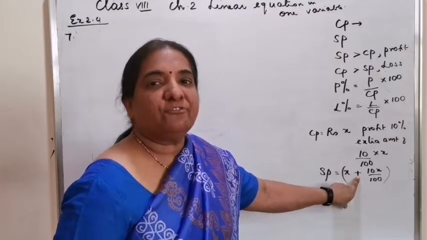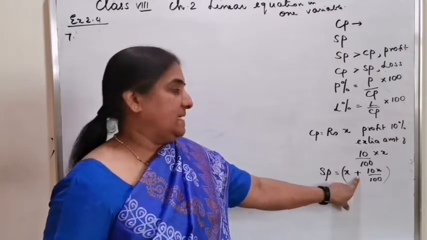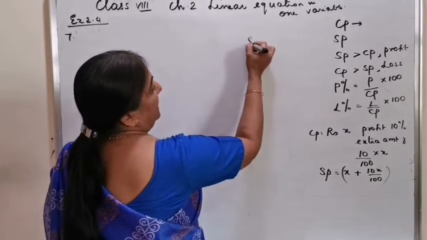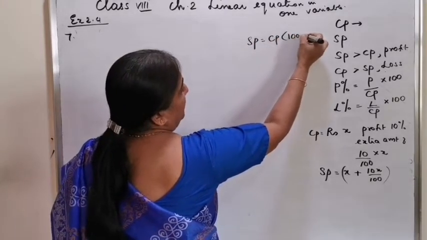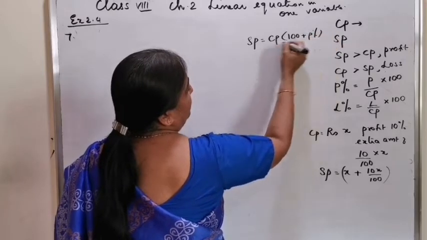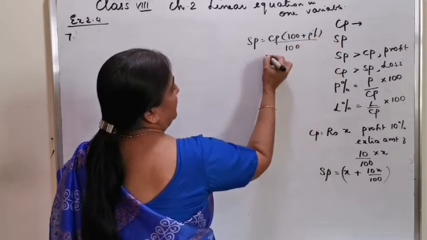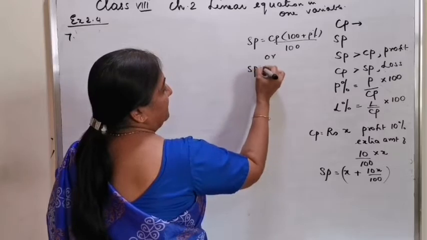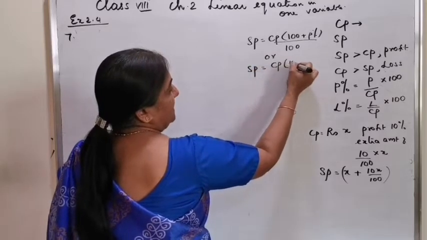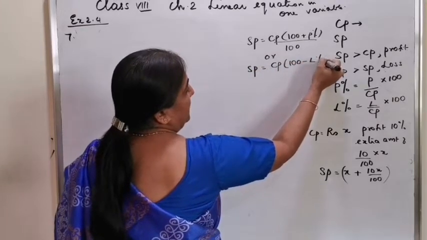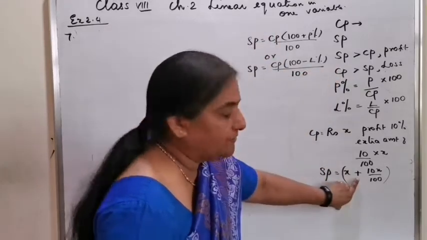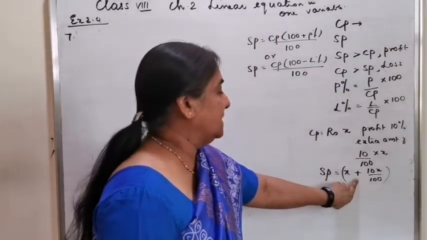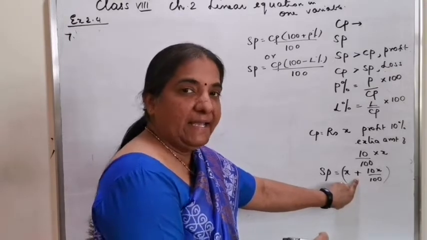So, there are formulas based on this: selling price is equal to cost price into 100 plus profit percent by 100, or selling price is equal to CP into 100 minus loss percent by 100. This formula is derived from this particular format. The idea is the same.